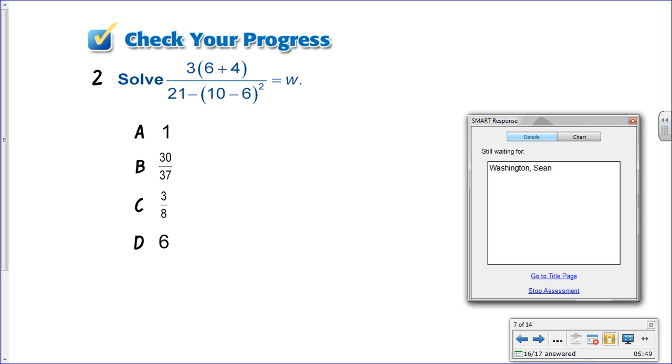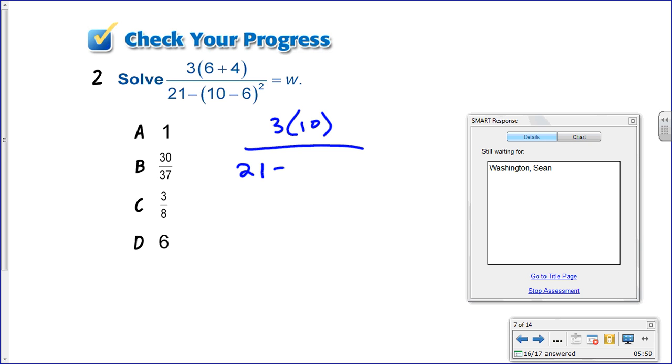Okay, your operations are off somewhere. Okay, so you got 3 times 10, right? Okay, over 21 minus 16. Okay, so 21 minus 16 would be what?